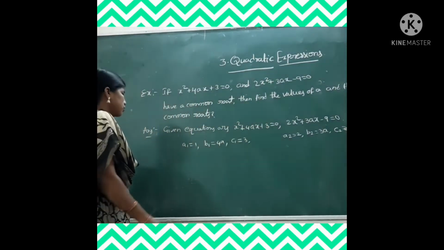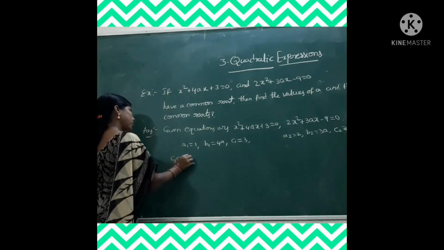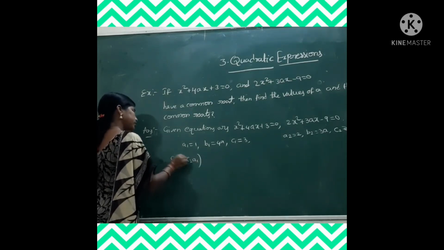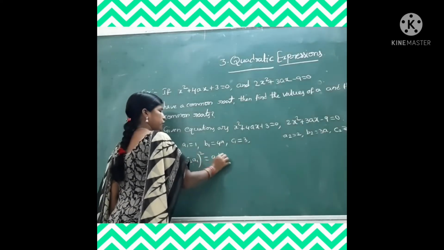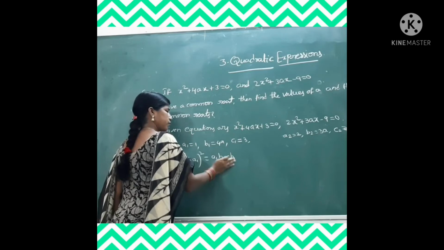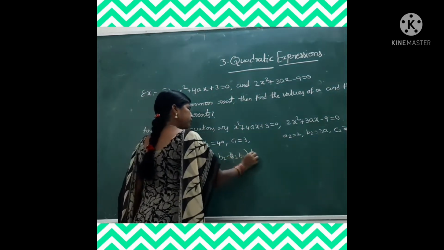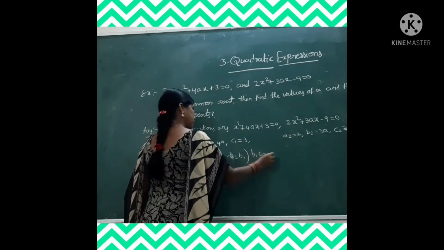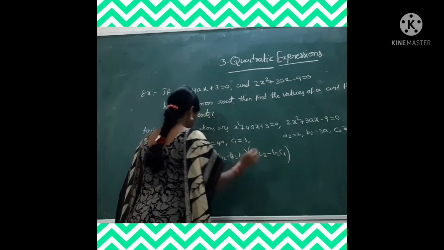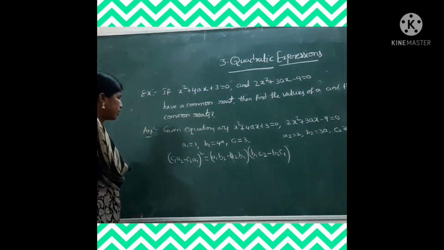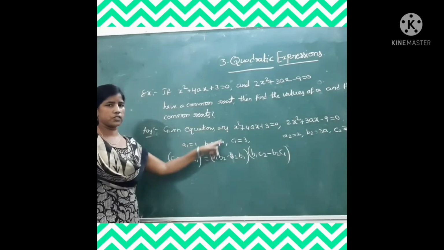What is the common root formula? c1a2 minus c2a1 whole square is equal to a1b2 minus a2b1 into b1c2 minus b2c1.